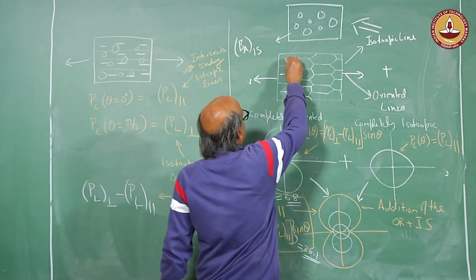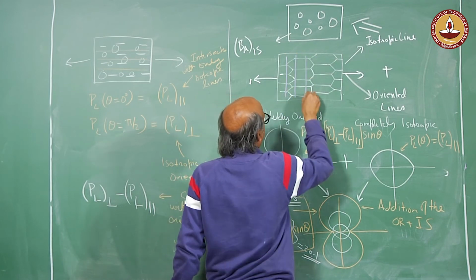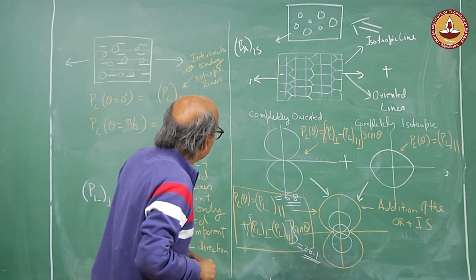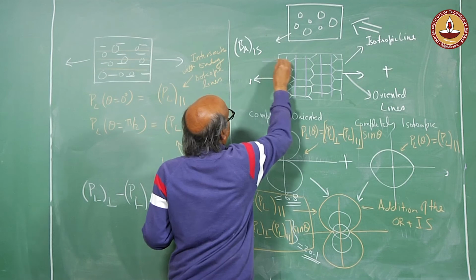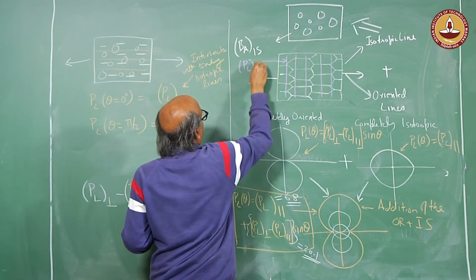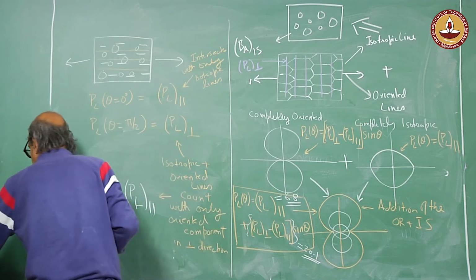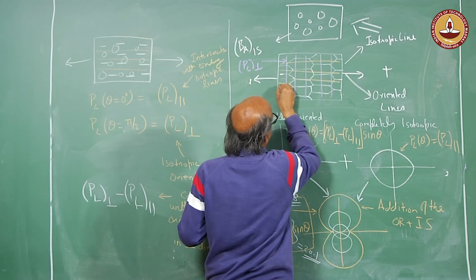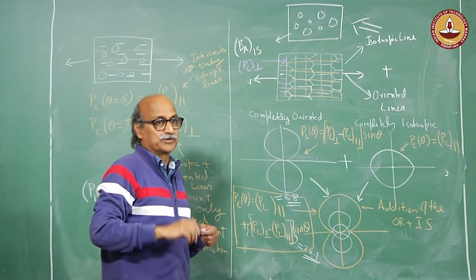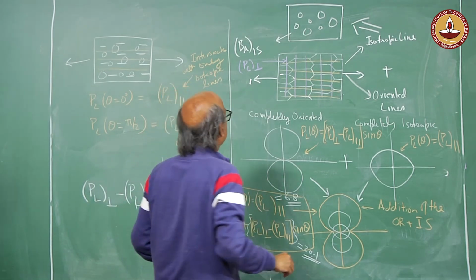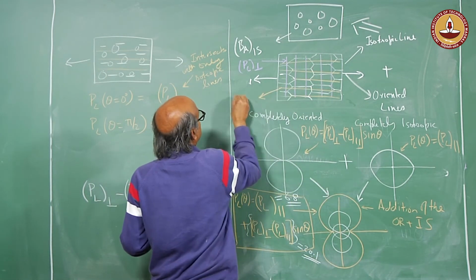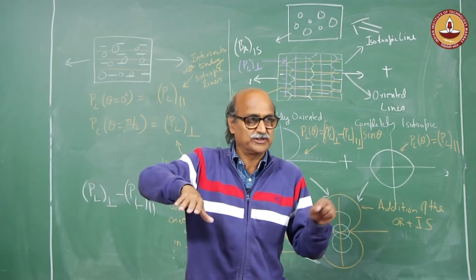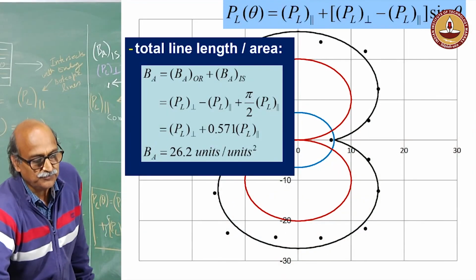All I have to do is, once, put my grid of lines in the perpendicular direction to the orientation axis, get PL perpendicular, and another measure I do in the same structure is put them in the parallel direction and obtain PL parallel without measuring other orientations.